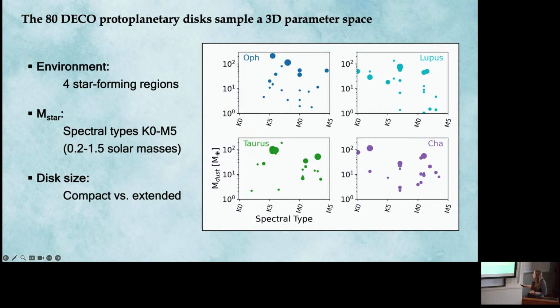So the size of the circles here are showing whether the disks are in that extended, larger category or smaller, compact disks based on their previously measured dust radii. And so we can try to tease out whether the chemical composition or the mass depends more on where the disks formed or the individual star and disk properties like the stellar mass and the disk size.